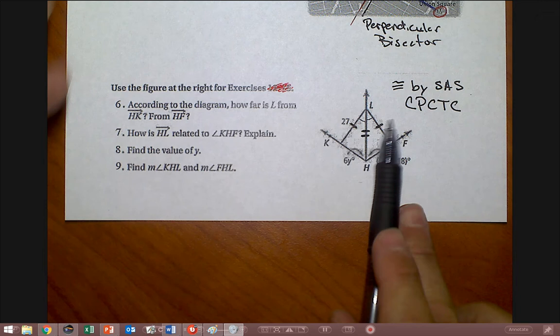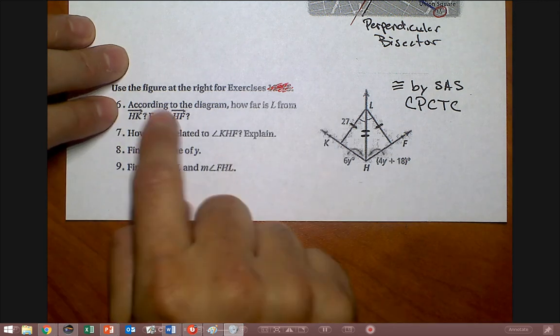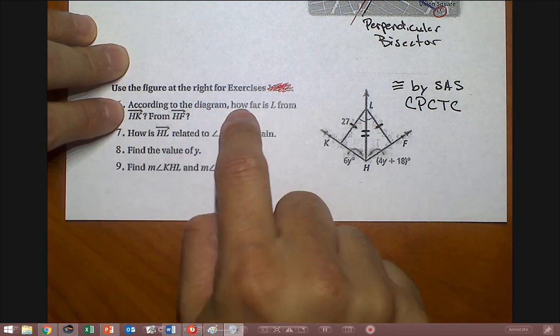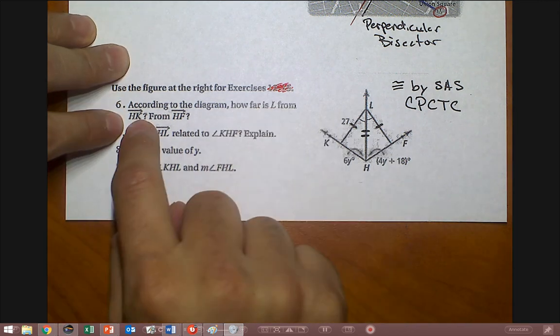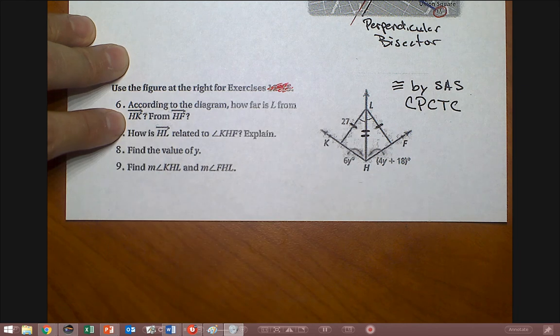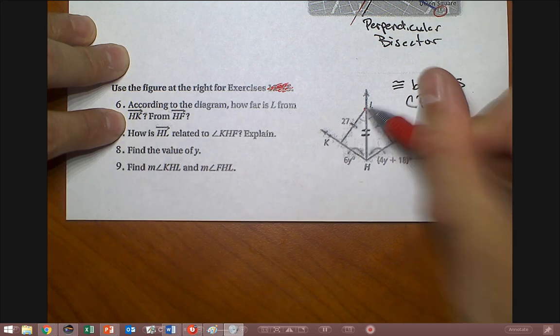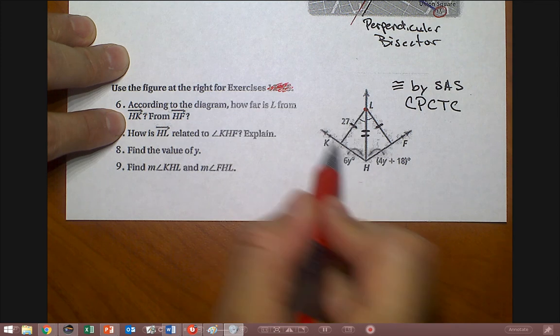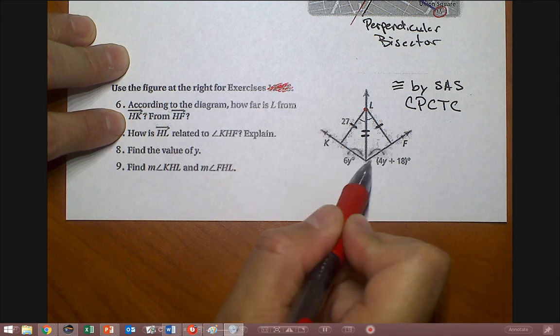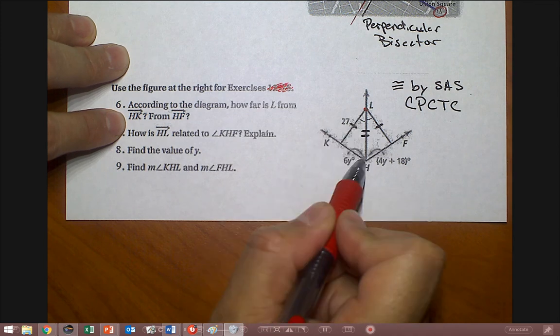So now let's go through and look at some of these things. According to the diagram, how far is L from HK? Here's L and here's HK.